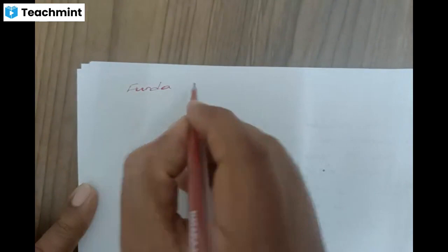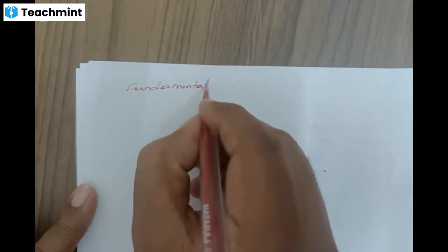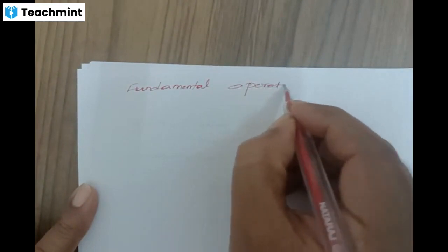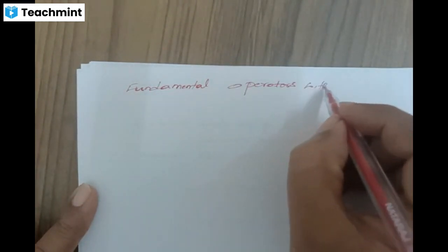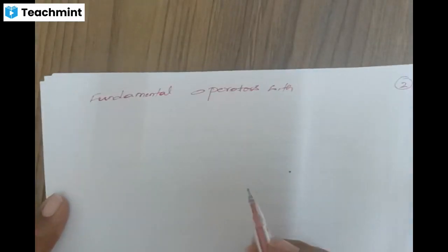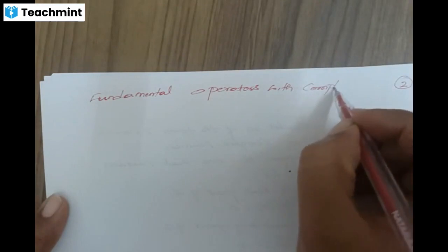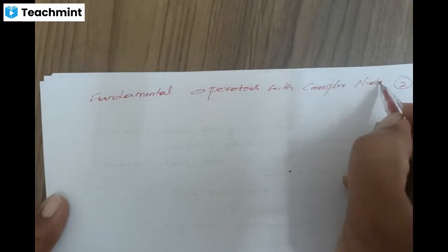Fundamental operators with complex numbers means that two complex numbers we can add, subtract, multiply, or divide, because in mathematics we have the four operations: addition, subtraction, multiplication, and division.